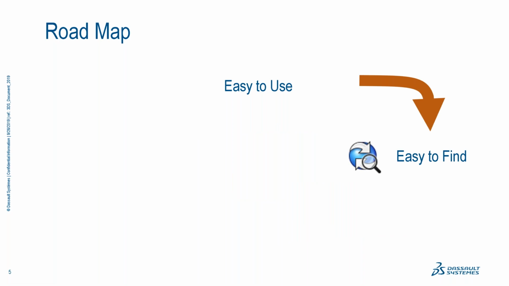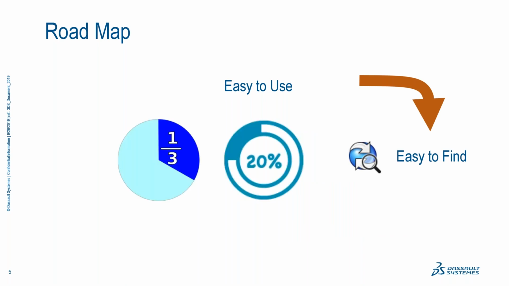Easy to find. And would you be able to take a guess what those numbers mean? It was a report put out there saying that engineers are spending a third of their time on non-value added work. And even worse, 20% of their time is actually spent working on outdated information, which often leads to wasted effort and rework.